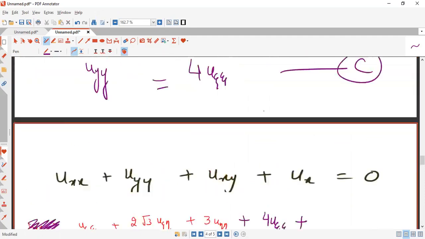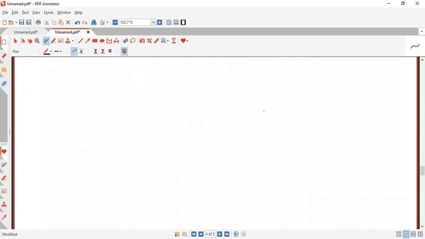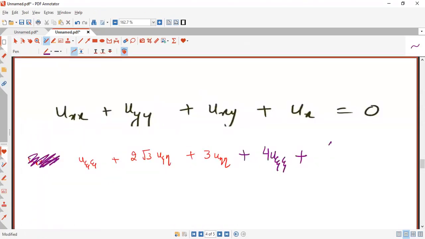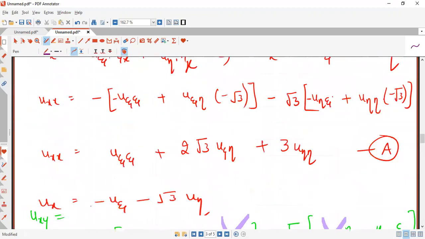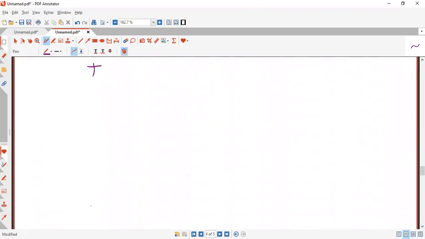Plus uxy, uxy is minus 2 root 3 u xi eta, plus ux. Ux is minus u xi minus root 3 u eta, equals 0.